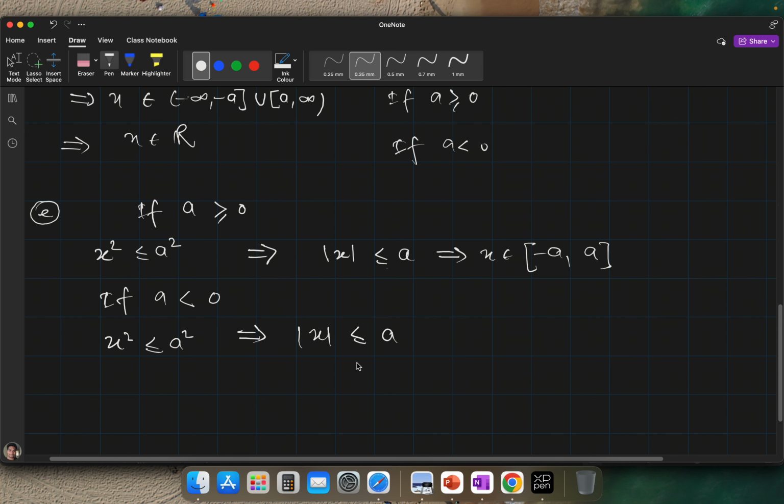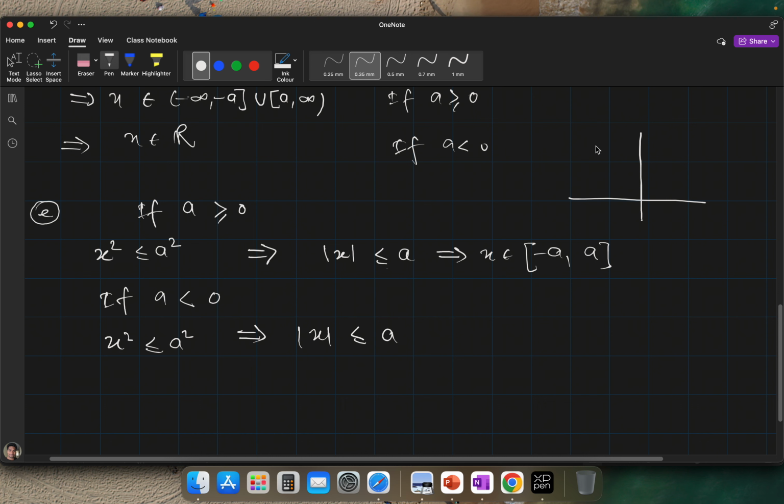I can write this or not? Apply your intuition. See, it is very easy to interpret. Here I have the inequality x square is less than a square.